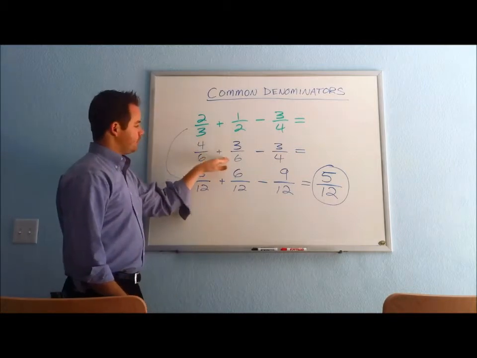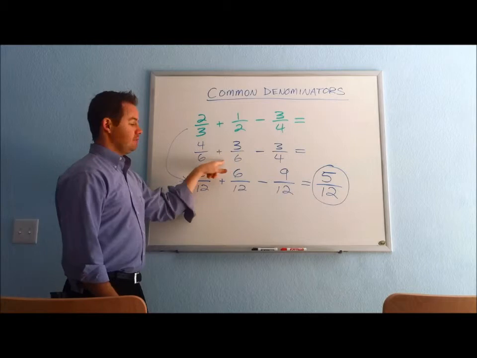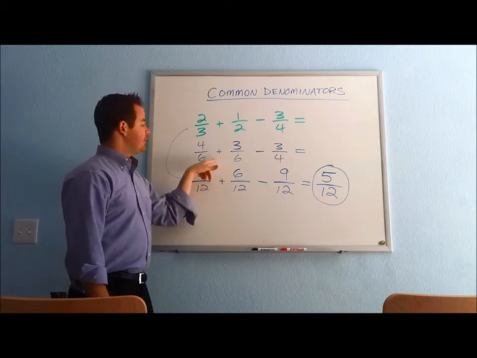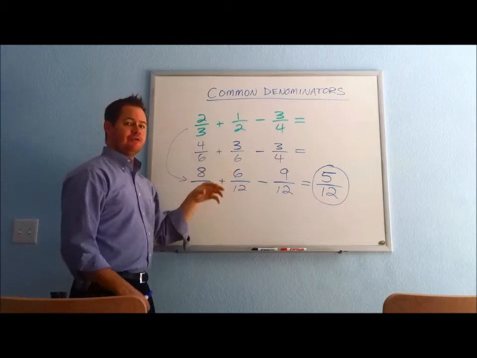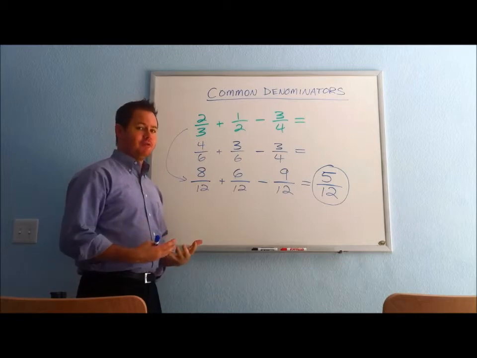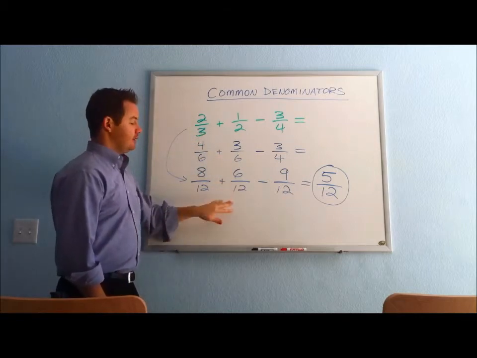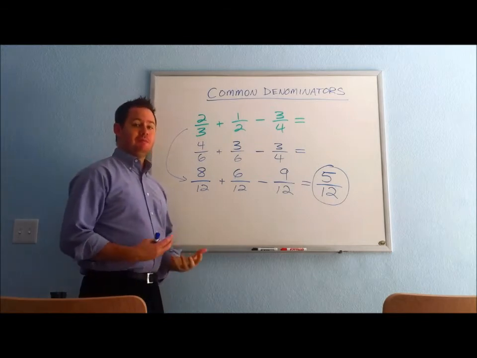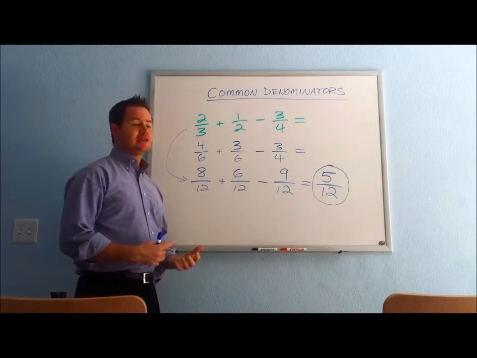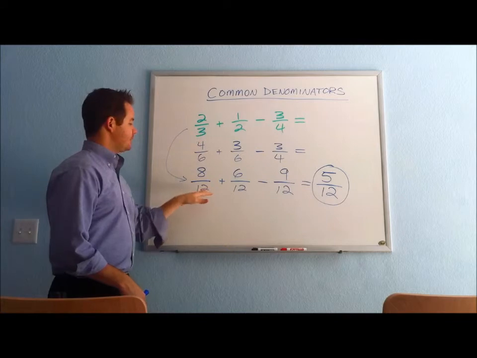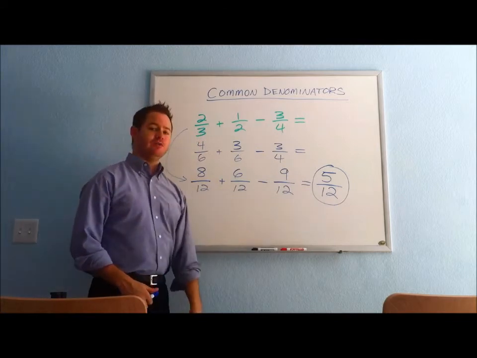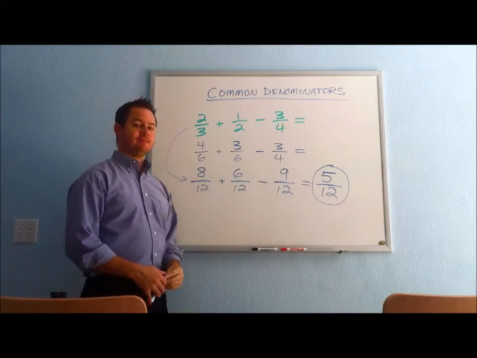You don't have to go stepwise through this middle step here. But this makes it a little bit easier. So if you're just starting out and getting comfortable finding common denominators, I recommend doing it in steps. If you're a little bit more familiar with it and it's something that you've practiced a lot, then you can try doing it in one step to find a common denominator of 12 for all three fractions.